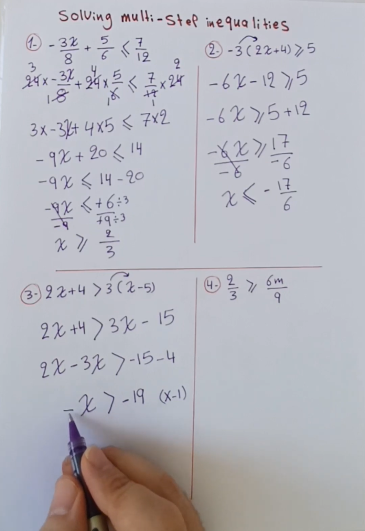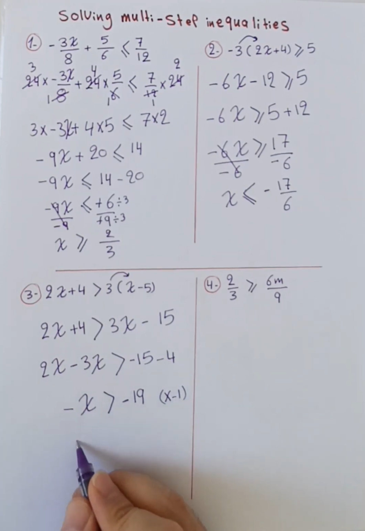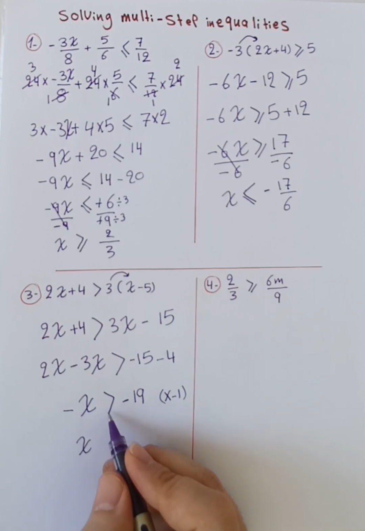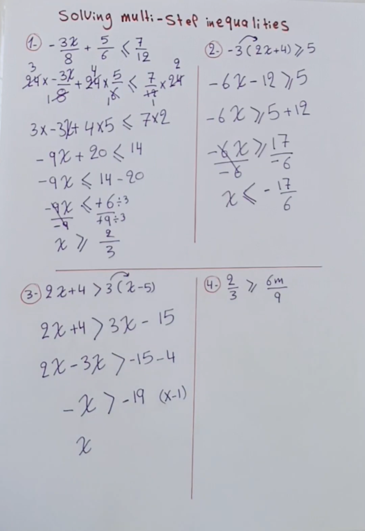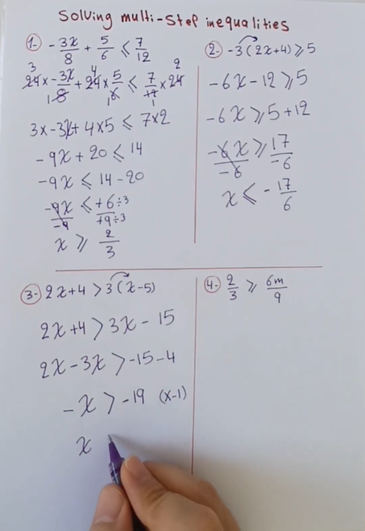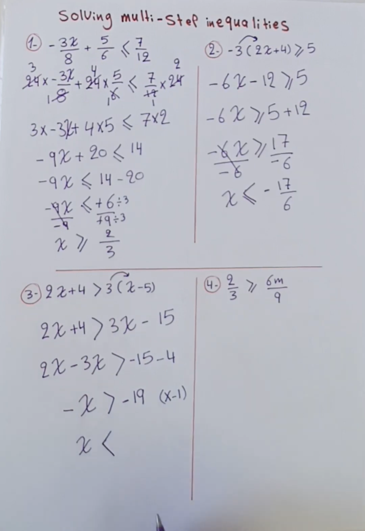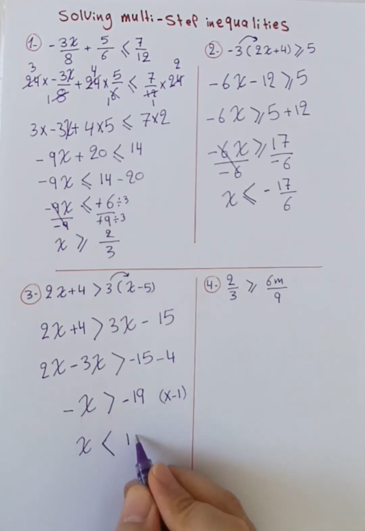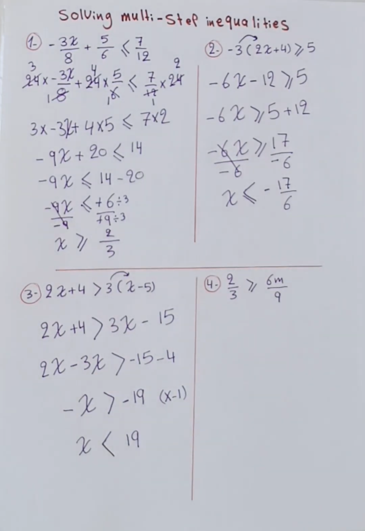Negative x times minus 1 equals x. Then you change the sign from greater than to less than, because we multiply by a negative number. And negative 19 times negative 1 equals positive 19. So x is less than 19.